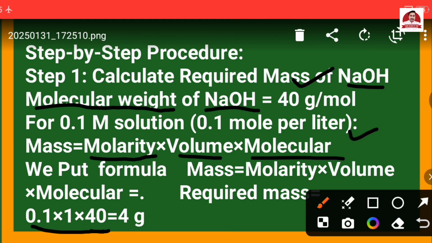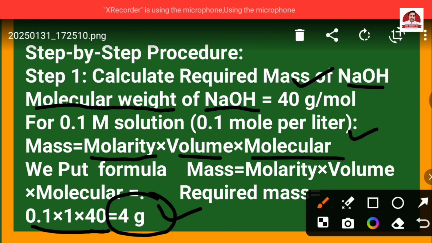We get the amount for the preparation of 0.1 molar sodium hydroxide solution, that is 4 gram. So this 4 gram is dissolved in 1000 milliliter, and we get the 0.1 molar solution of sodium hydroxide.